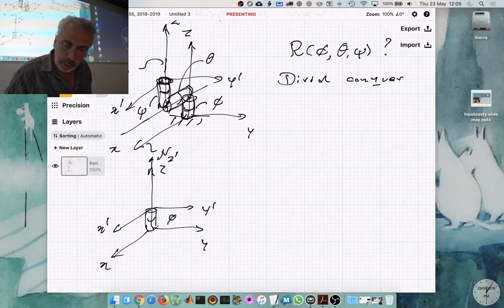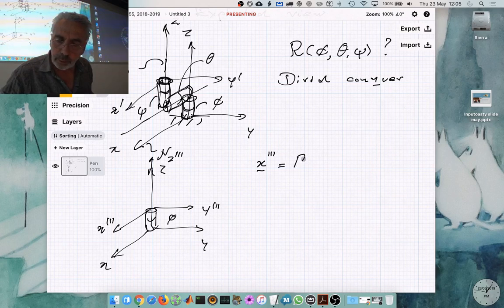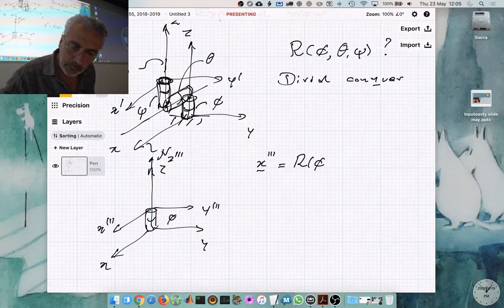So instead of prime, I'm going to make three primes here. Doesn't really matter, just to distinguish. And then I want to go from this rotated frame back to the world. That is my transformation. So I want to know how do I get here, a rotation matrix, and here we have phi. And then, sorry, I made a mistake. Other way around, of course.